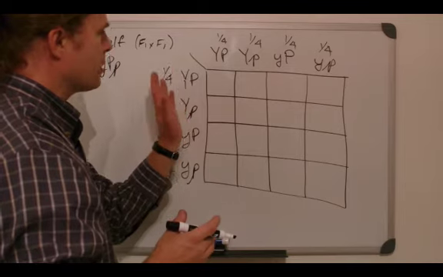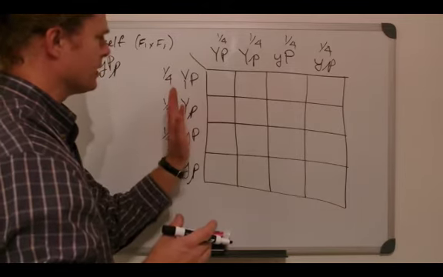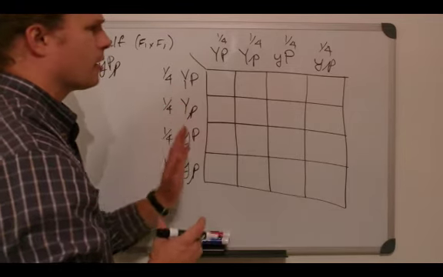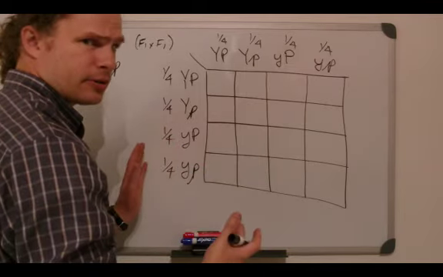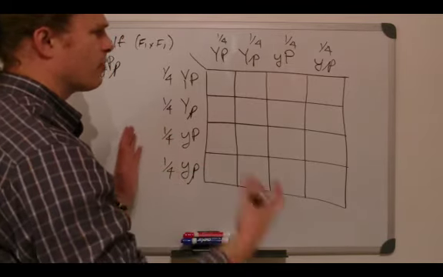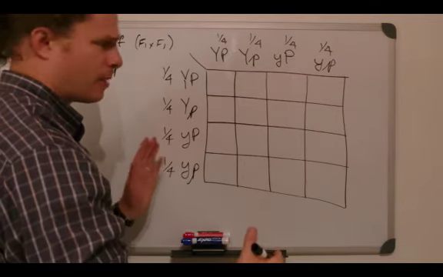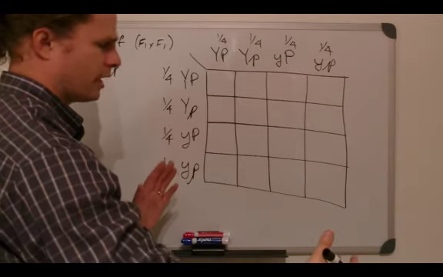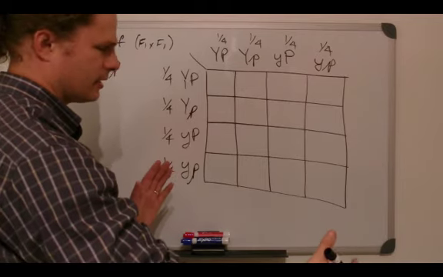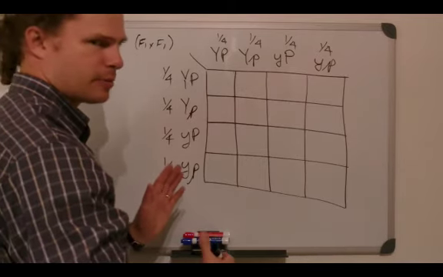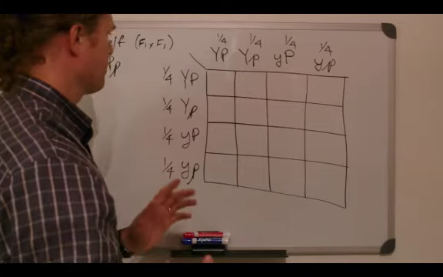At this point, we're simply dealing with loci that are either on separate chromosomes or are far enough apart on the same chromosome that they are assorting independently, that the probability of getting one allele at one locus does not influence the probability at the other locus.